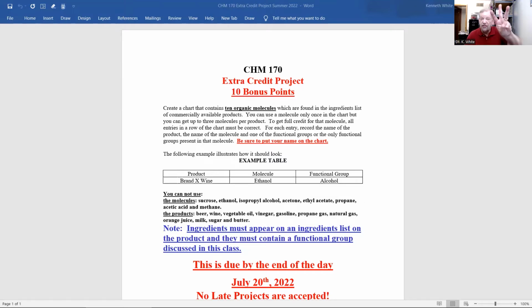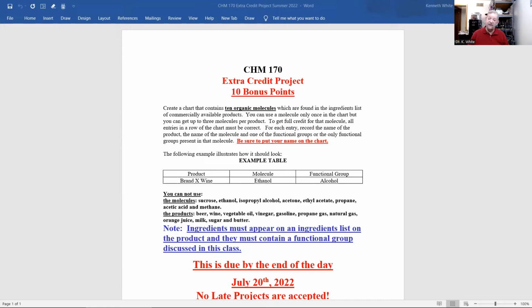Test number 3 covers carboxylic acids, esters, carboxylate anions, amines, amine salts, quaternary ammonium salts, amides, and heterocyclic compounds. The point breakdown will be 7 points general knowledge, 38 points nomenclature, 60 points reactions.